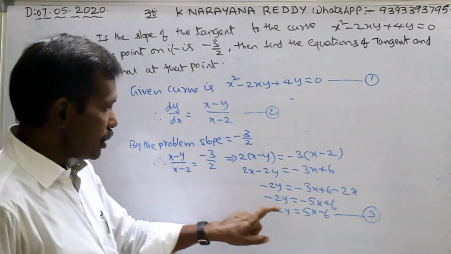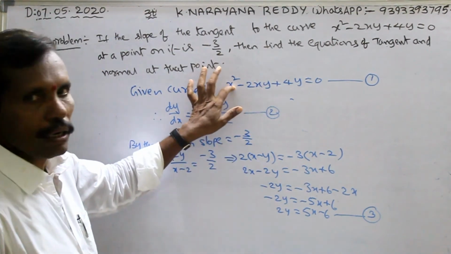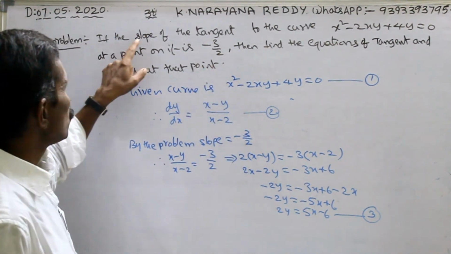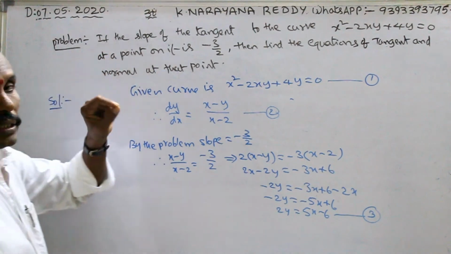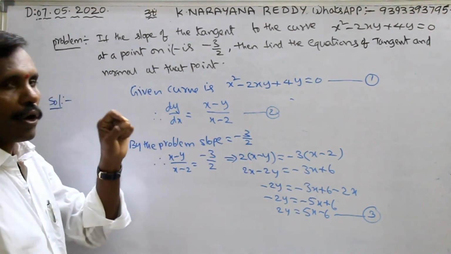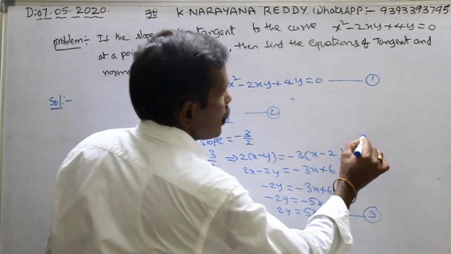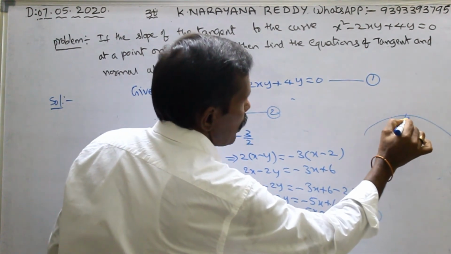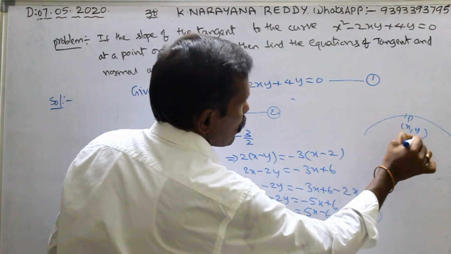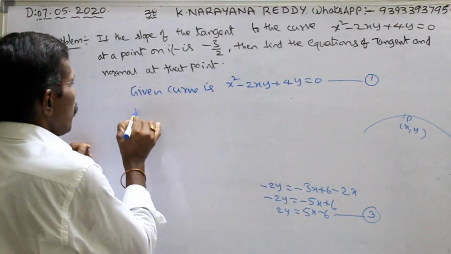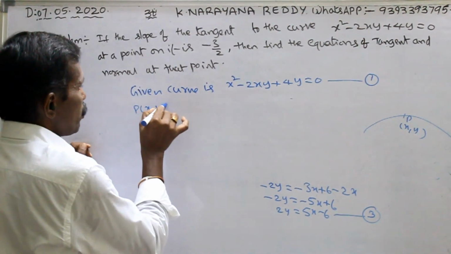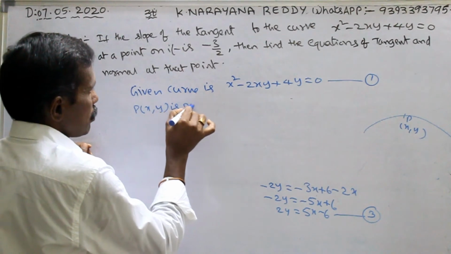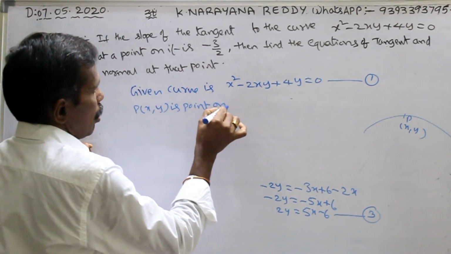Now I will substitute this value in 1, because the point (x, y) is on the curve. P(x, y) is a point on the curve.